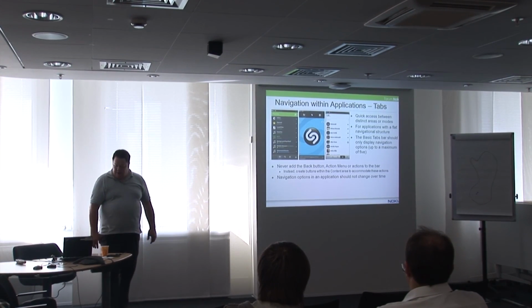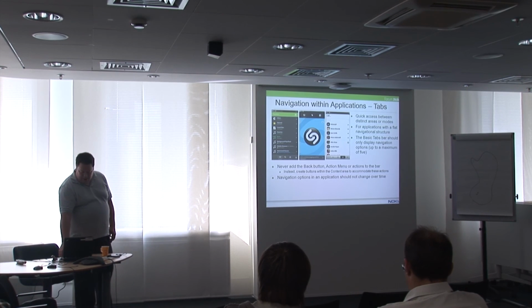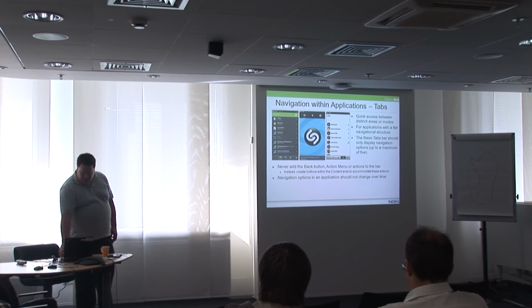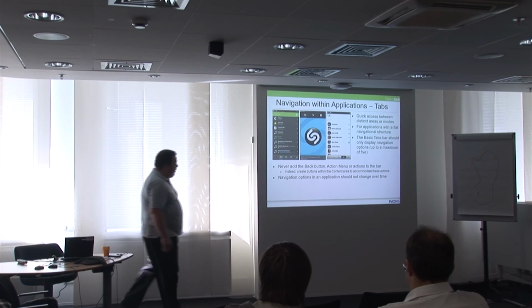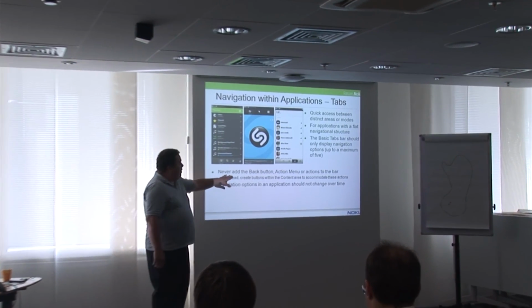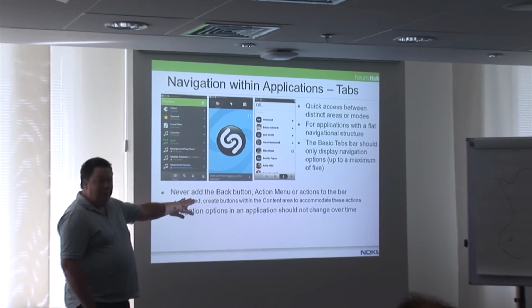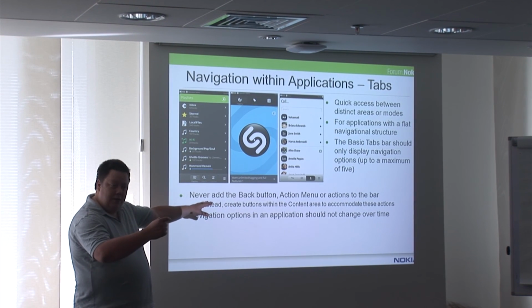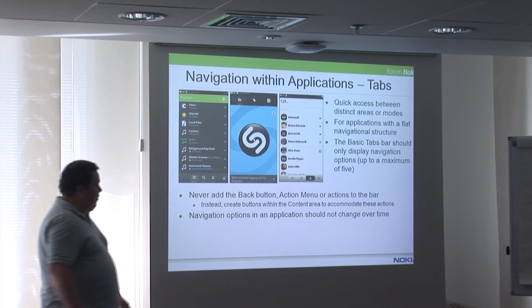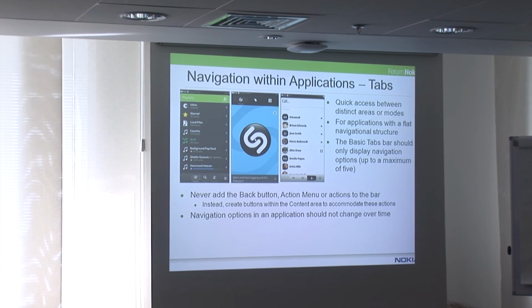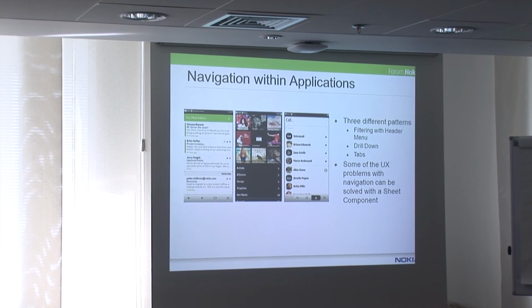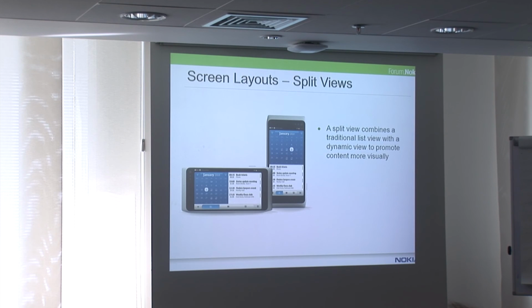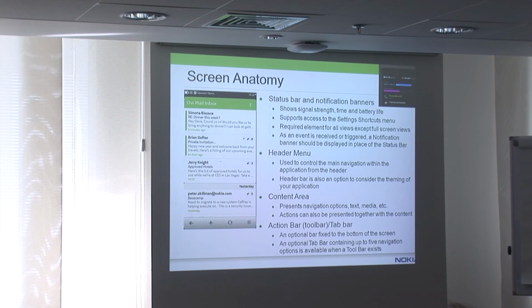Tabs we discussed, for quick navigation. I think that there is nothing new here anymore. Never add a back button, action menu, or actions to the tab bar. So keep them separated, as you saw in one of my previous slides.